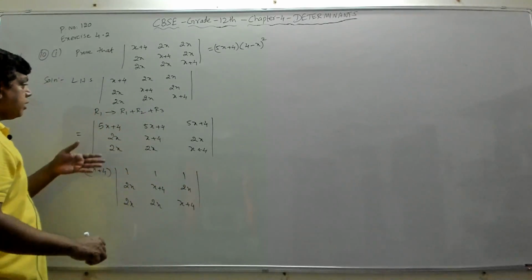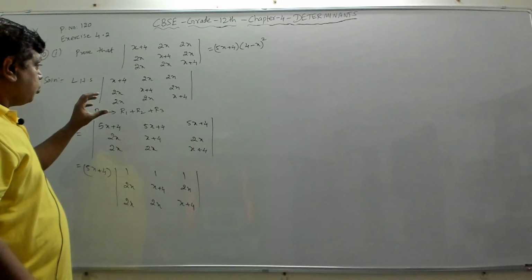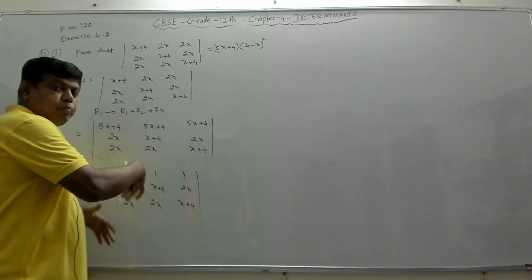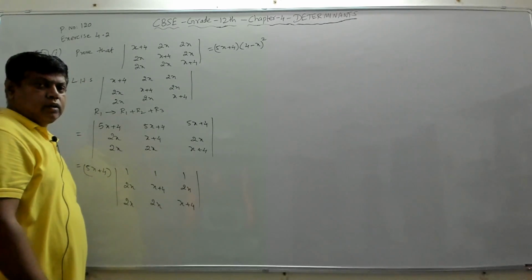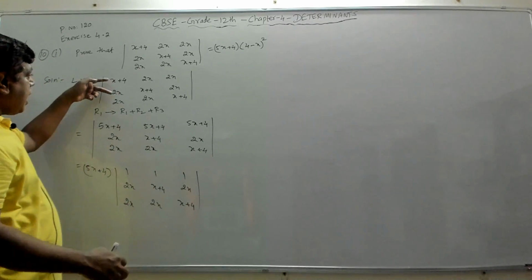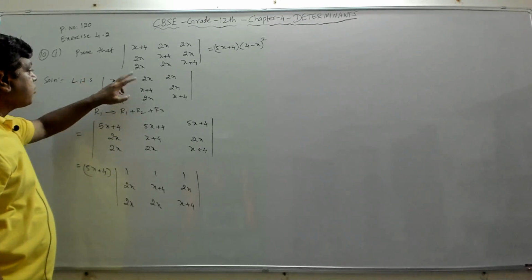So whenever you can, make any particular row or column with all the elements the same, then it is easy to simplify or apply the properties. For that, we will try to see whether we can add 2 rows or add 3 rows. Sometimes adding 2 rows itself will give you the same element.